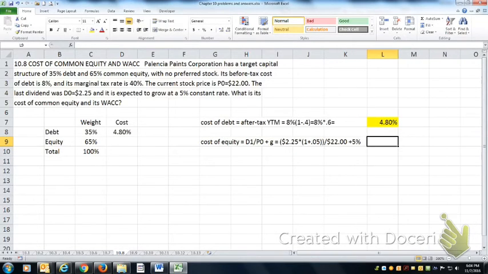If I plug all this into a spreadsheet, 2.25 D0 times 1 plus 0.05, that's D1. Divide that by $22, which is P0, and then add 5%.